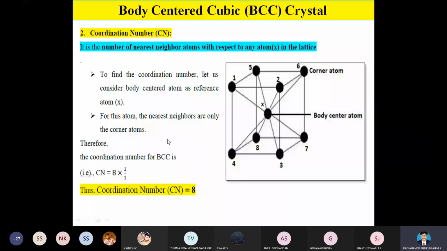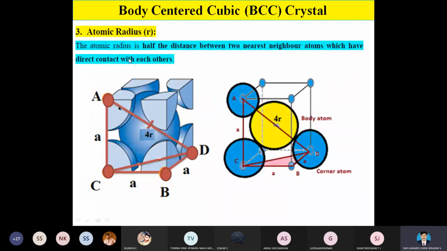So shall I proceed further? Yes, sir. Okay. So the third parameter is the atomic radius. See here, the atomic radius structure is quite different when you compare with the simple cubic structure. In simple cubic structure, we are having only corner atoms, and those corner atoms have direct contact with each other.